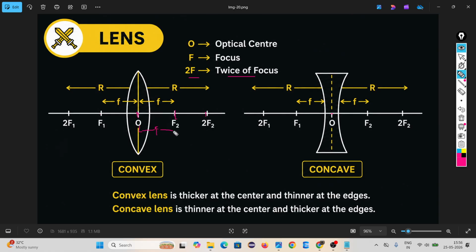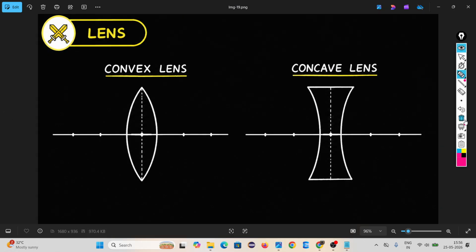You know about focal length, na? The distance between focus and optical center. The radius of curvature, R, is the distance between the center of the sphere and the surface. Do you have any doubt here? Okay, then look here, I am doing it again.